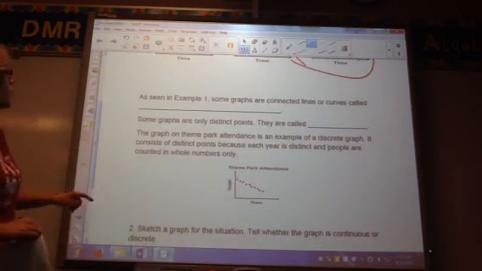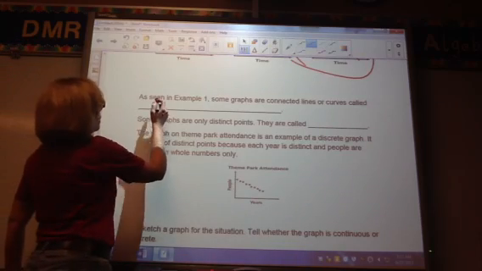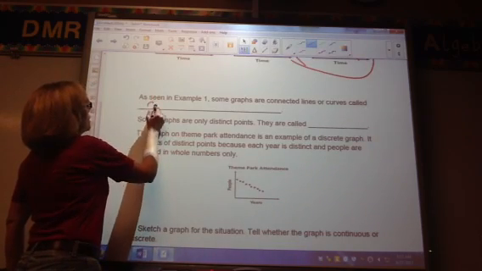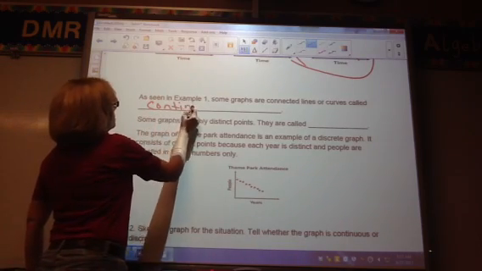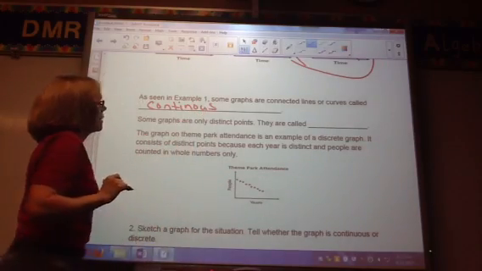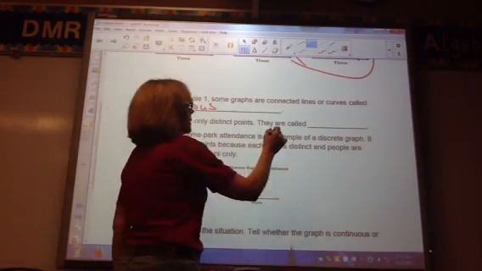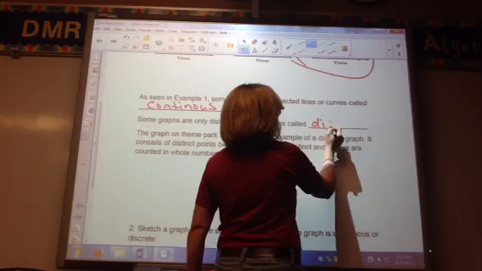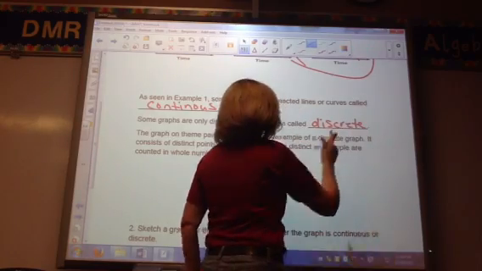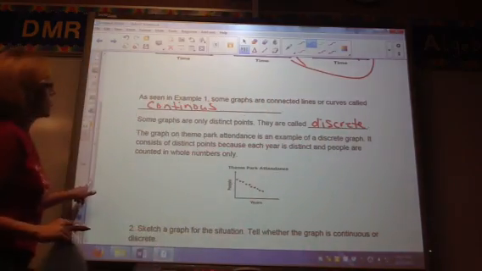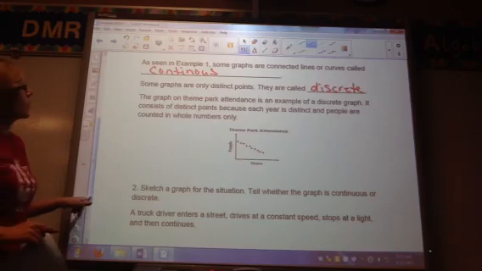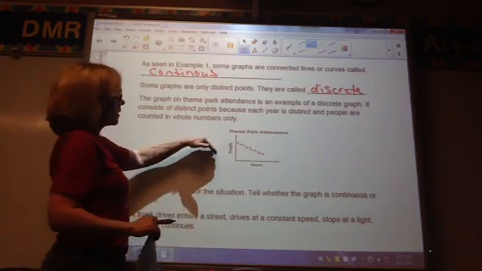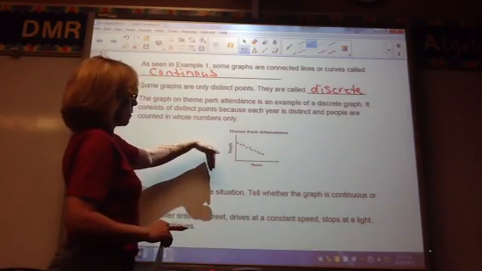Okay, I see in example 1, some graphs are connected lines, are curved, called continuous graphs. Some graphs only have distinct points, and these are called discrete. So let's look at an example of a discrete graph. We have a graph of theme park attendance. These are the years, and these are the people.